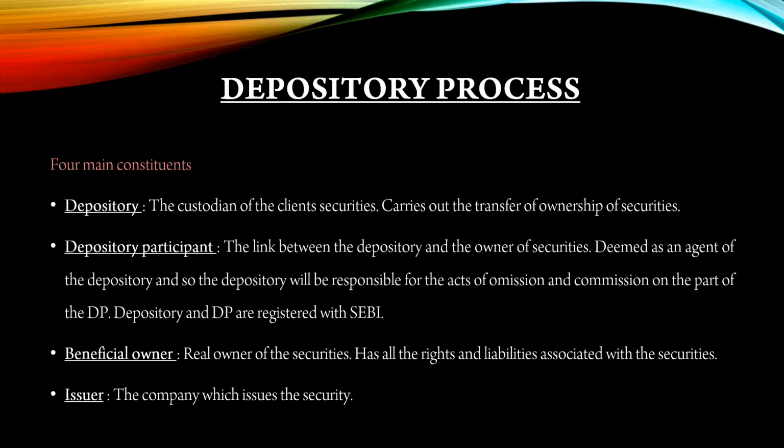They need an intermediary, and that intermediary is the depository participant. So the depository will interact with the holder of securities through the depository participant. Just like we have brokers in the stock exchange, we have a depository participant in the depository, and we'll do all the dealings through the depository participant. Depository participant is denoted as DP.